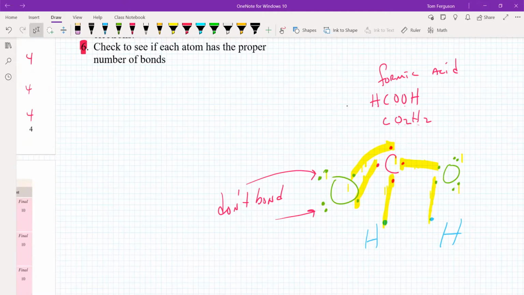Now, after we get a legal structure, what we do then is we substitute a solid line for each bonding pair of electrons.